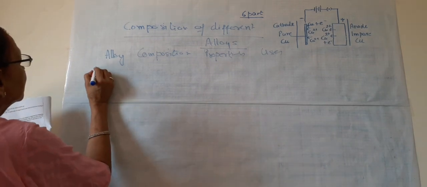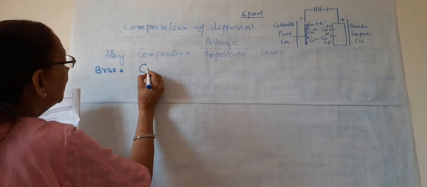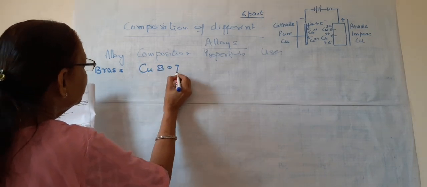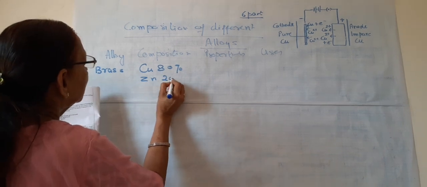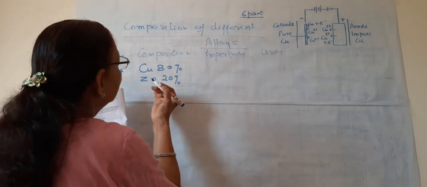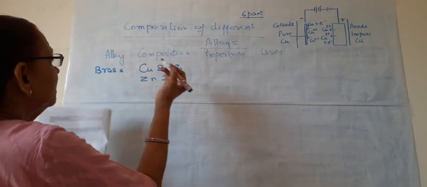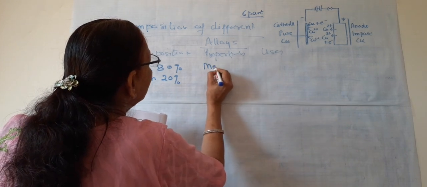First is brass, a very common alloy. It is formed by copper 80% plus zinc 20%. These are the approximate values. So by these two metals, brass is formed. This is malleable.